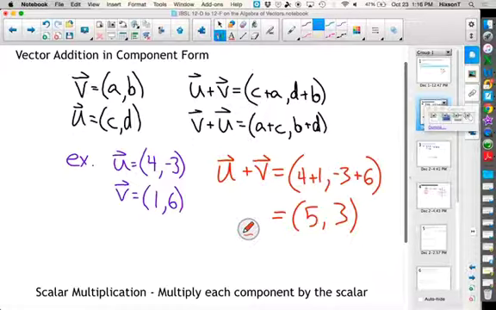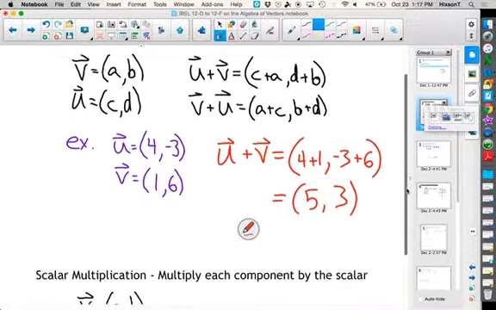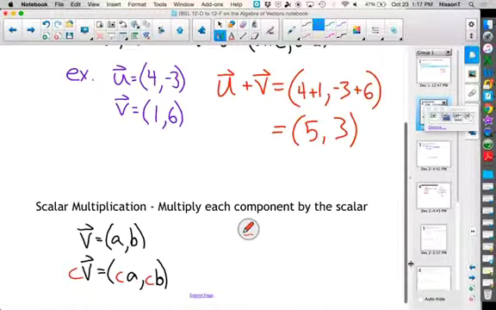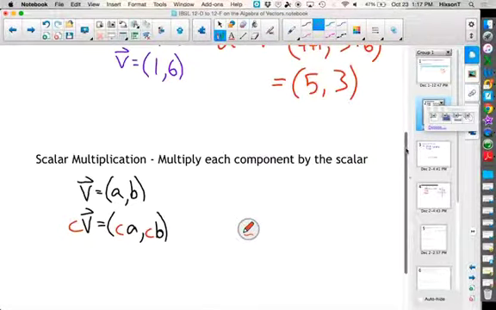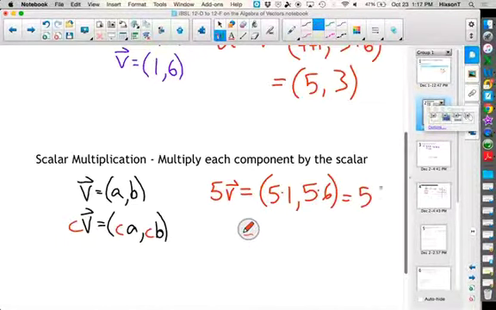All right, so here we have our vector addition. We also have scalar multiplication. In scalar multiplication, we're simply going to multiply each of the coefficients by whatever number our vector is multiplied by. So using V above, which is (1, 6), if I had 5V, I would be multiplying 5 times the 1 and 5 times the 6, and that would give me (5, 30) as my new vector.